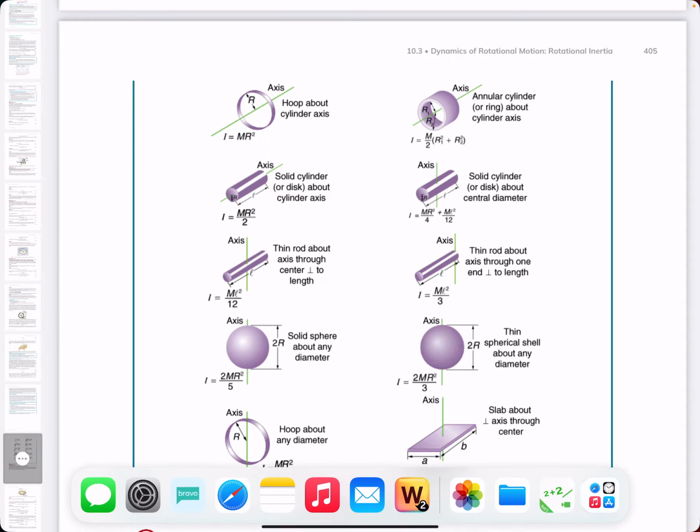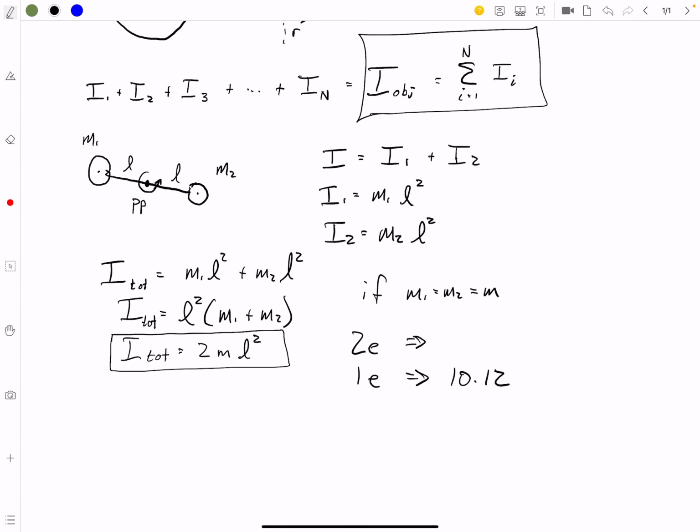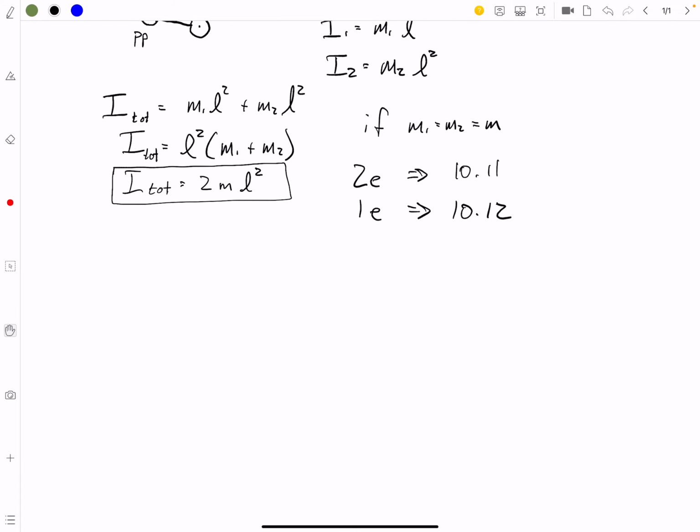I can't remember. Okay, so let's get back here. Now that we've seen those, they're pretty much the only ones we're going to use. If you need them on a test, they'll be given to you. So you don't have to go into the test with those things on your cheat sheet. Don't you worry about that.